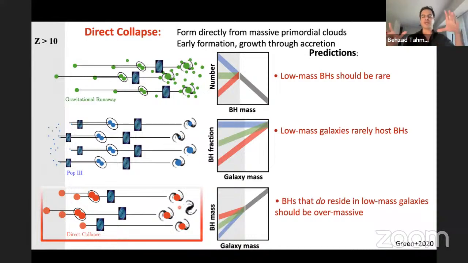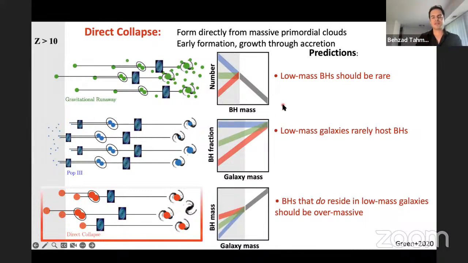It should be a massive cloud in one piece that directly collapses. In this scenario, very massive black holes can form in the very early universe, because these clouds can be huge. So it's called direct collapse.